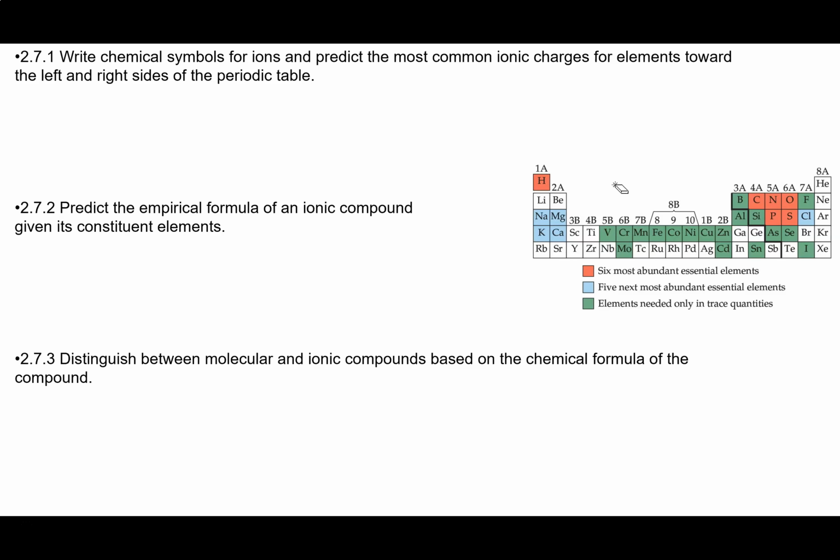Okay. All right. So the next section is focused on common charges for ionic compounds. So remember, an ionic compound is a metal plus a nonmetal. Based on their locations, there are different charges.